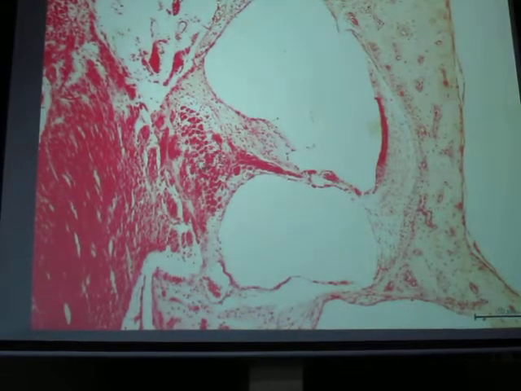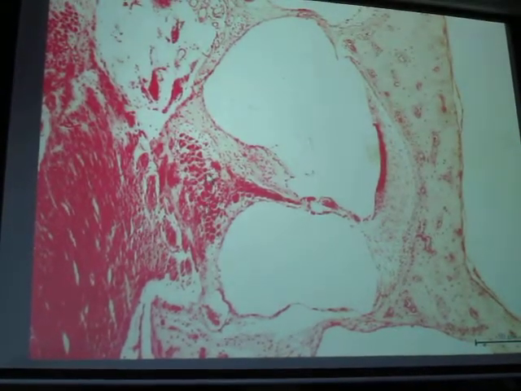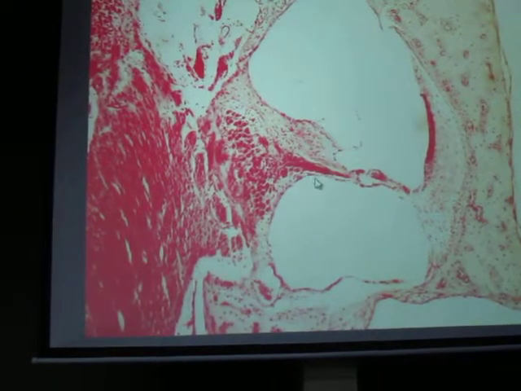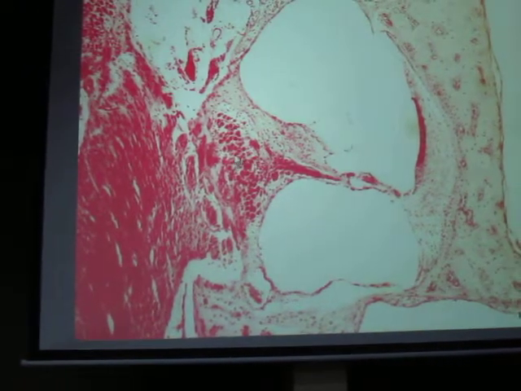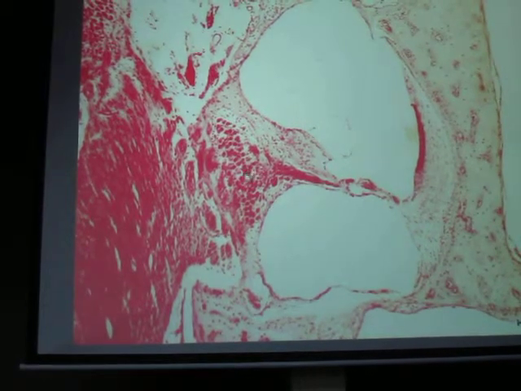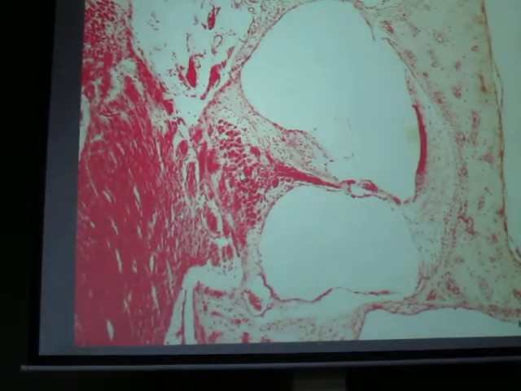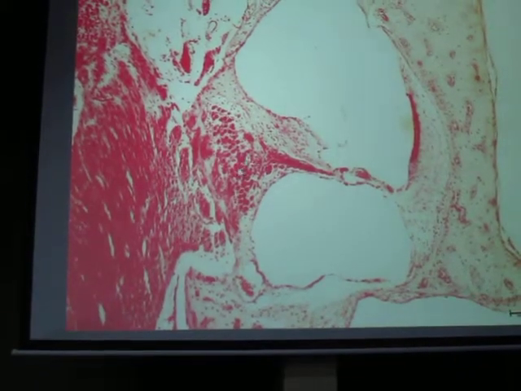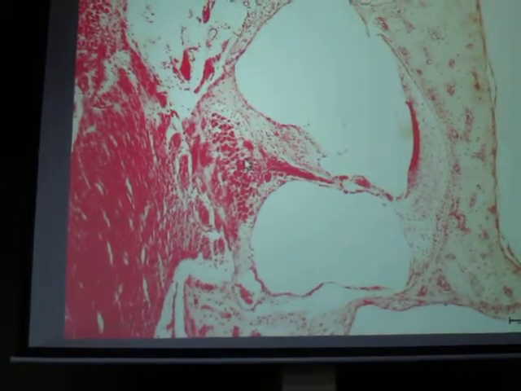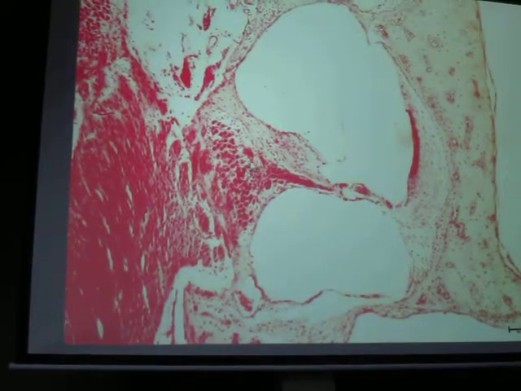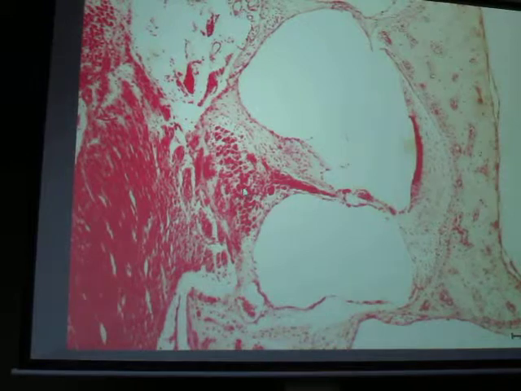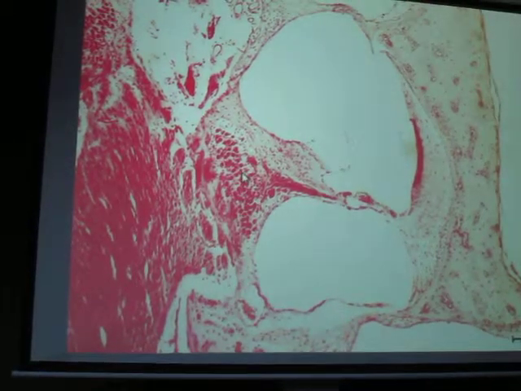And these cells here that lie just beside your basilar membrane are collections of neurons, which you call your spiral ganglion. These are spiral ganglia. Neurons.